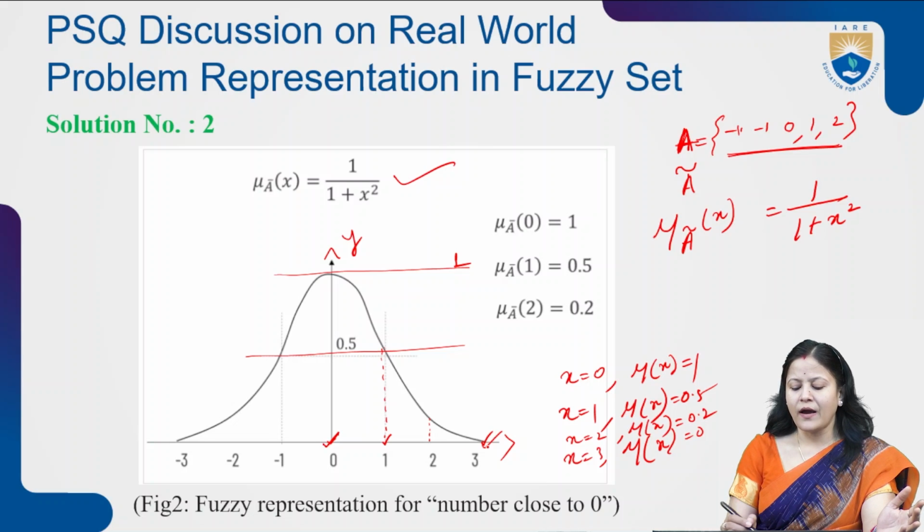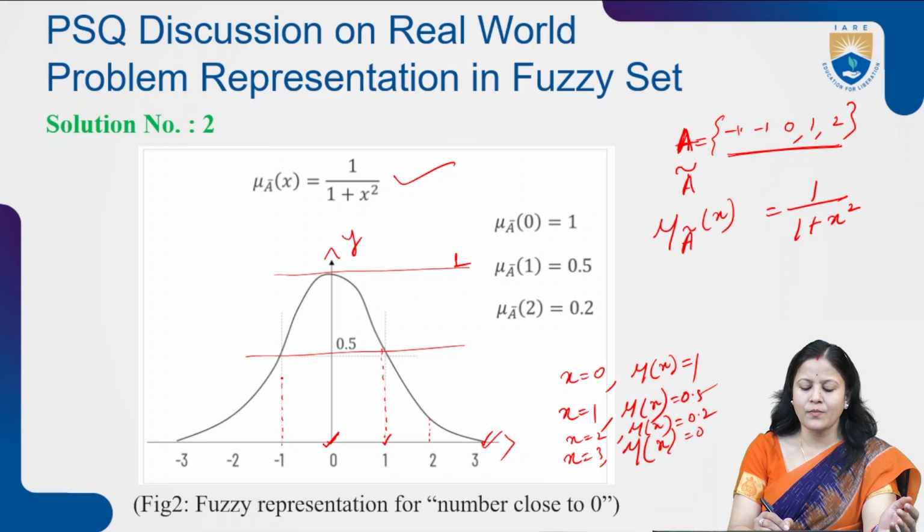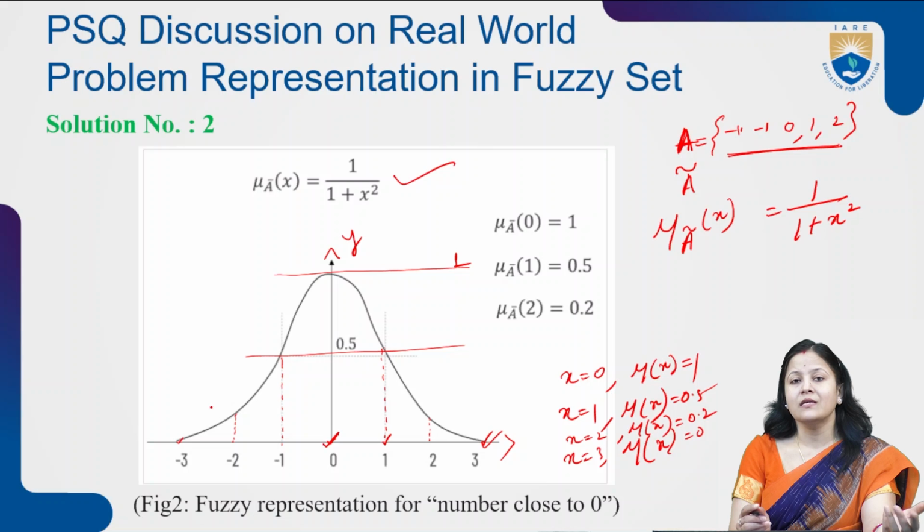All the membership values you can find from this graph lie between 0 to 1. Same thing if you move in the left direction from 0, that means if x is equal to -1, we get the same membership value of 0.5. If we take x equal to -2, we get around 0.2. Or if you go to -3, the membership value reaches 0.